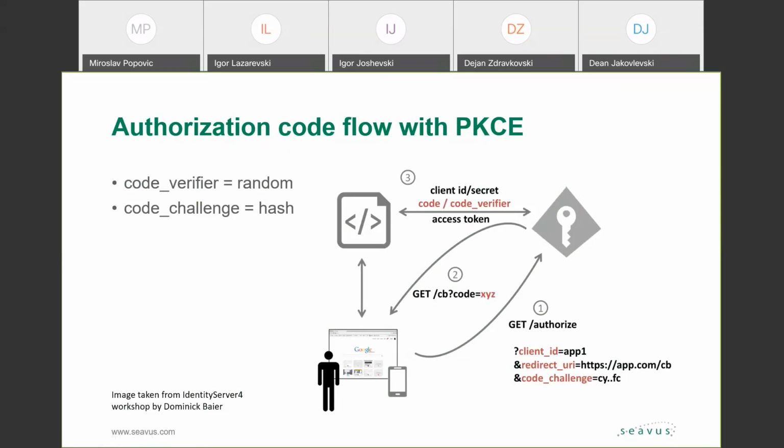Then when sending the code on the back channel on step 3, we also send the unhashed plain version of that verifier to the authorization server, so it can be sure that both the back channel and front channel calls came from the same client and were not intercepted by a man in the middle. That's how it prevents spoofing or stealing the access to resources. And basically this flow is now recommended for almost any type of interactive authentication.